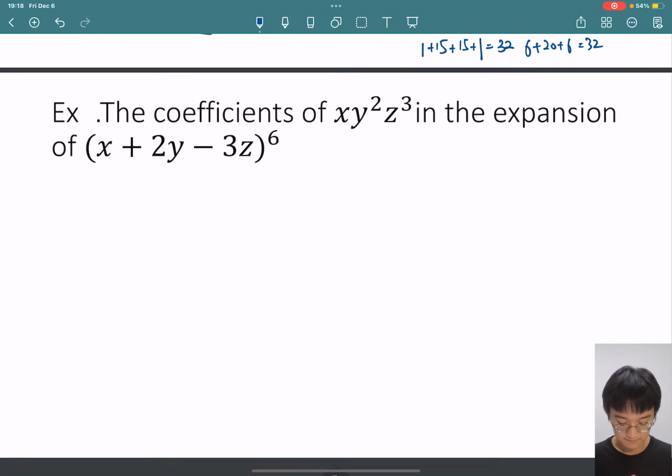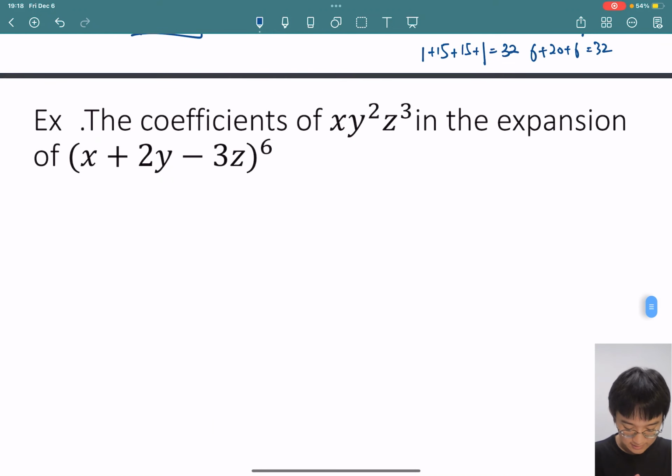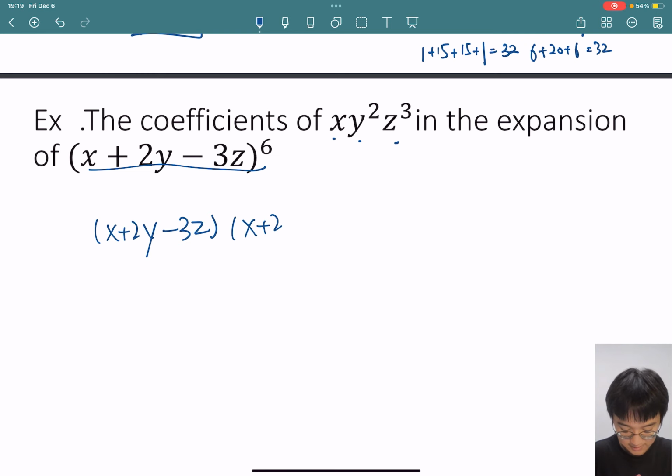And let's go on. We need to find the coefficient of x y squared z cubed in the expansion of this expression. So we will use my box thought here. We have one box, x plus 2y minus 3z, and we have 6 of these boxes.